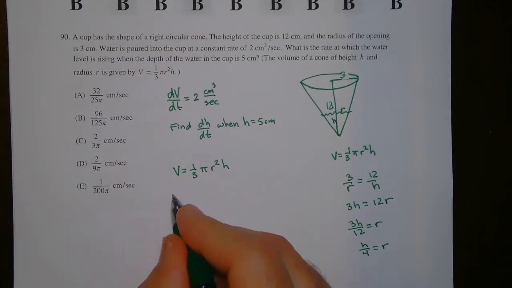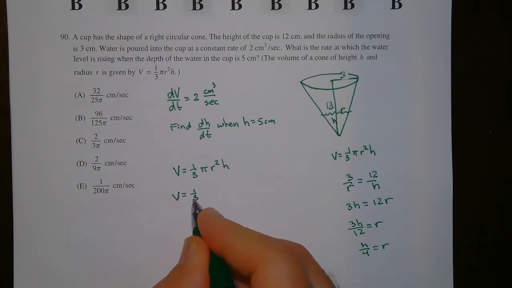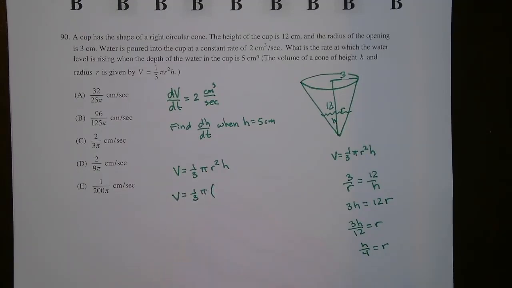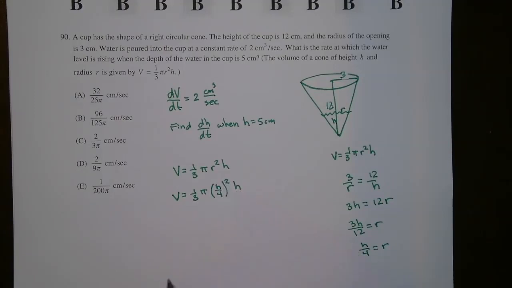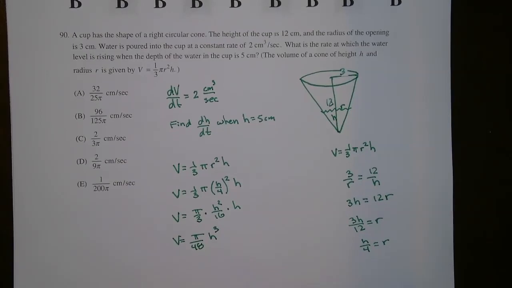So V is equal to 1/3 pi times H over 4 squared times H. So V is equal to pi over 3 times H squared over 16 times H, and then 3 times 16 is 48. So volume is equal to pi over 48 H cubed.